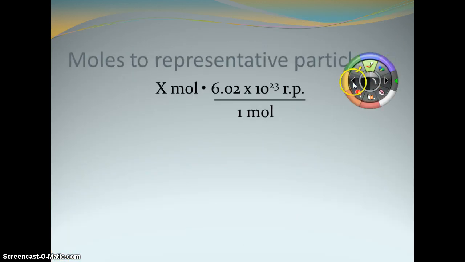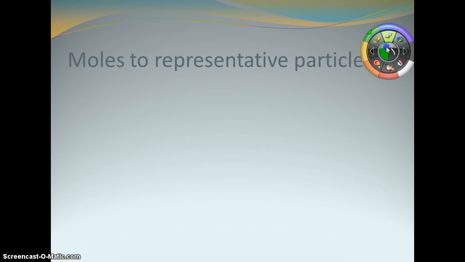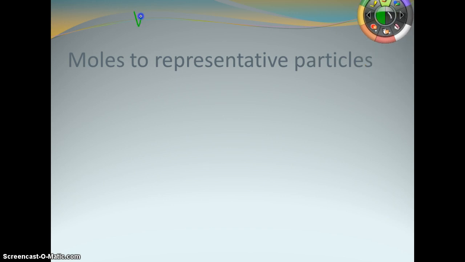Alright, so for moles to representative particles, since we are starting with a mole and going to a representative particle, when you write a conversion factor, remember that what you want goes in the numerator. If we want representative particles, we're going to use Avogadro's number. That's going to be in the numerator.